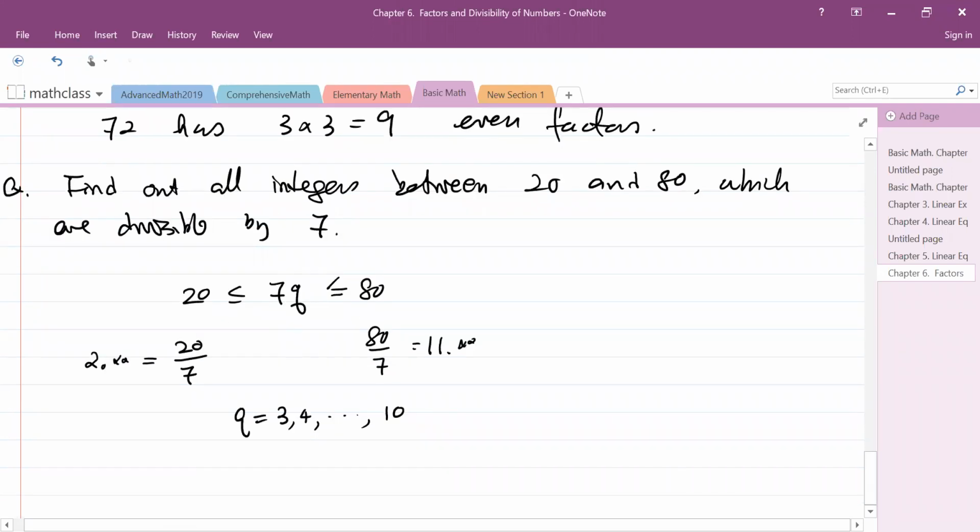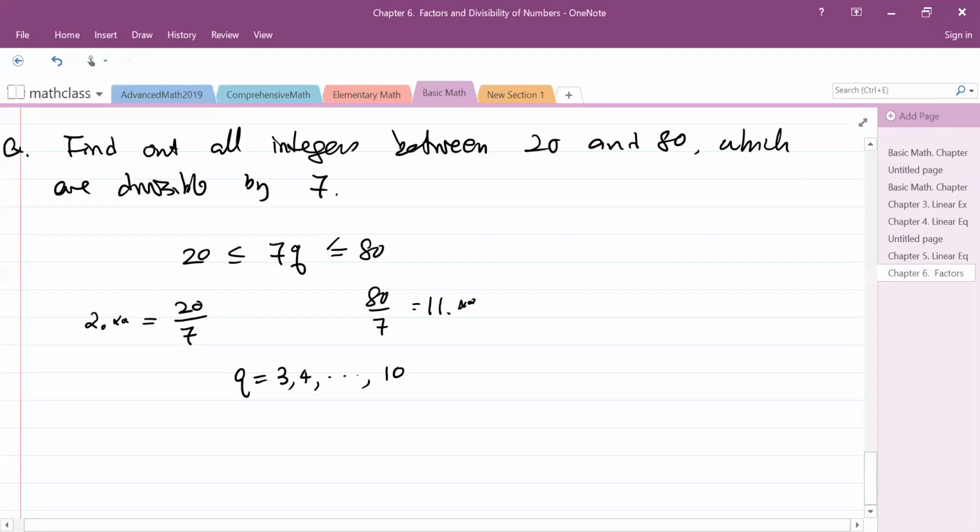So those are the possible values. You figure out the possible value for Q to make a multiple of 7. So how many of them? There are 8 such numbers there. Yeah, you just say, what is the largest possible value for Q?